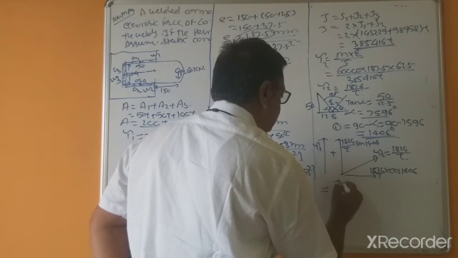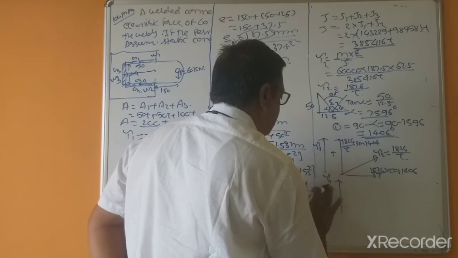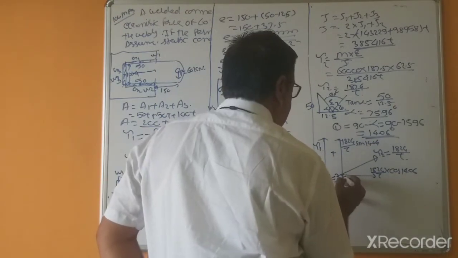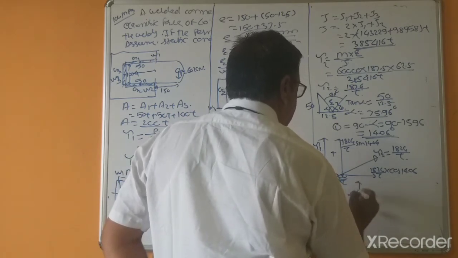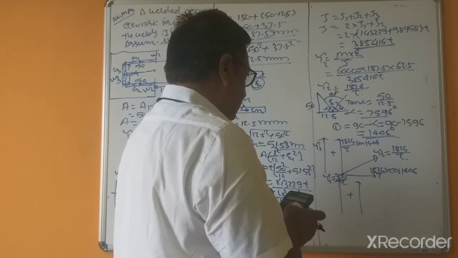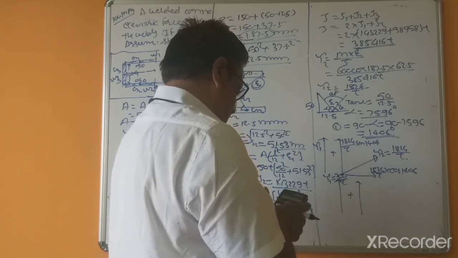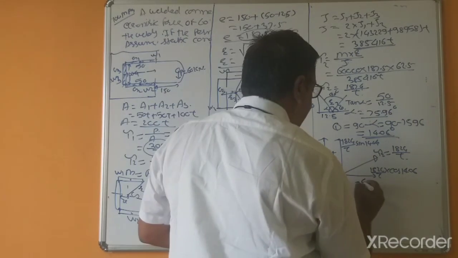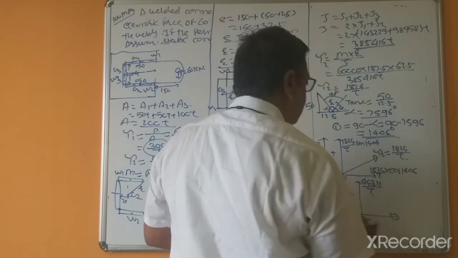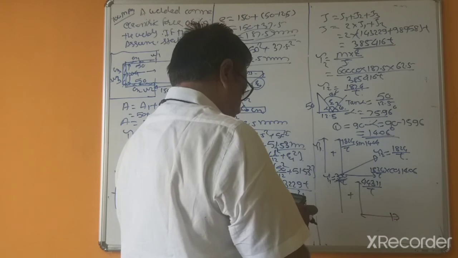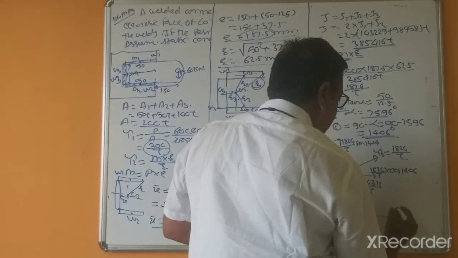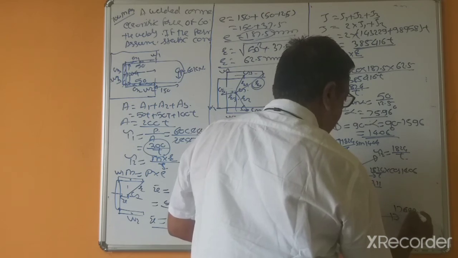Tau 1, we already calculated, is 300 divided by T. Now I resolve this: 1824 multiplied by sine 14.06 is 443.11 divided by T, and horizontal, 1824 multiplied by cos 14.06 is 1769.3 divided by T.